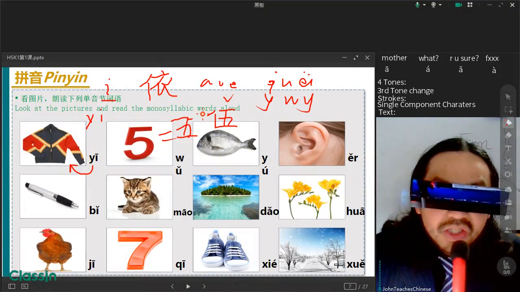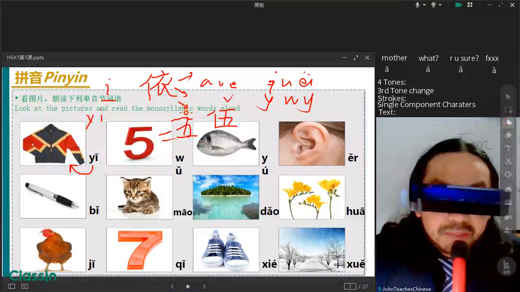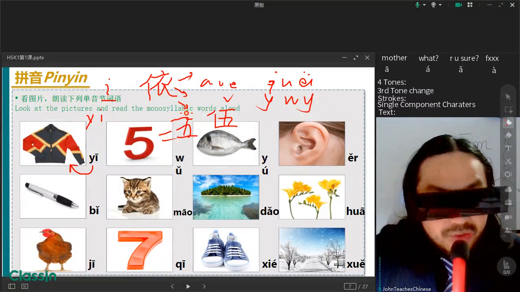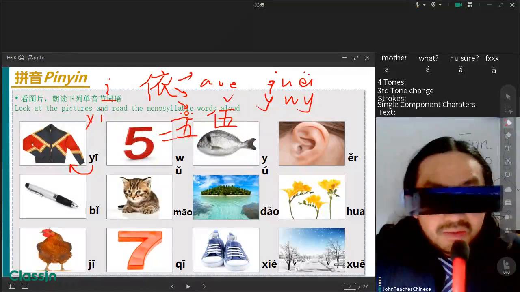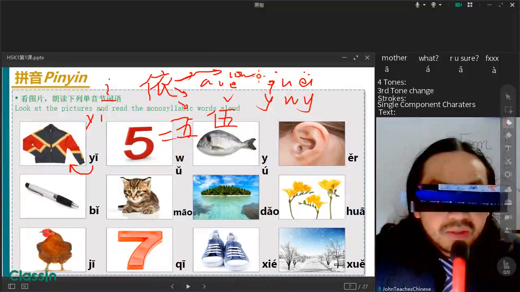The Chinese kanji can match with different sounds. Most low level HSK Chinese learners usually only need to learn kanji that match with one sound.